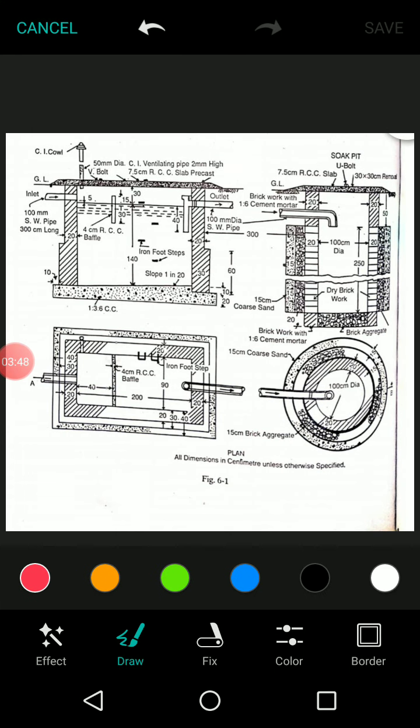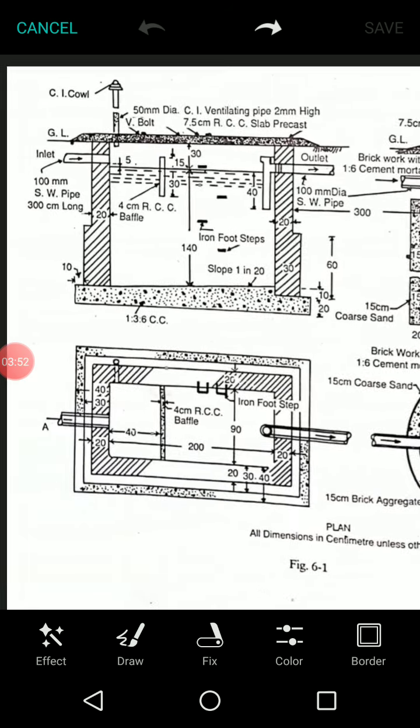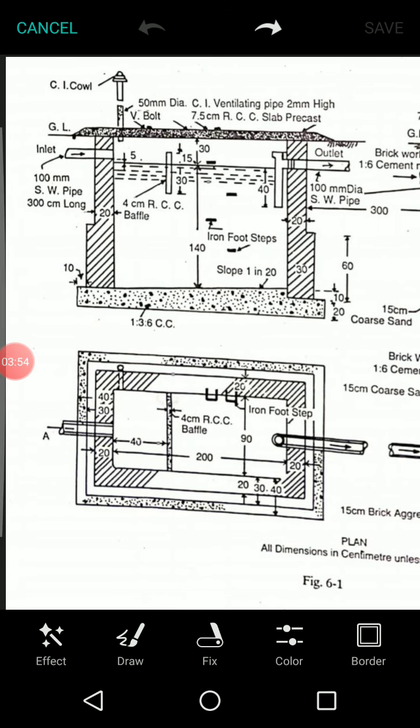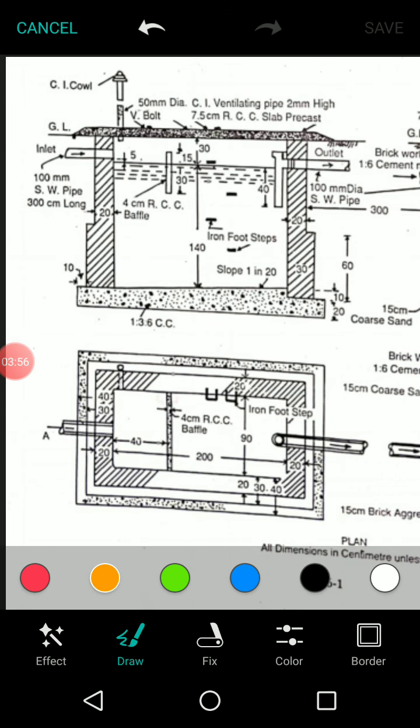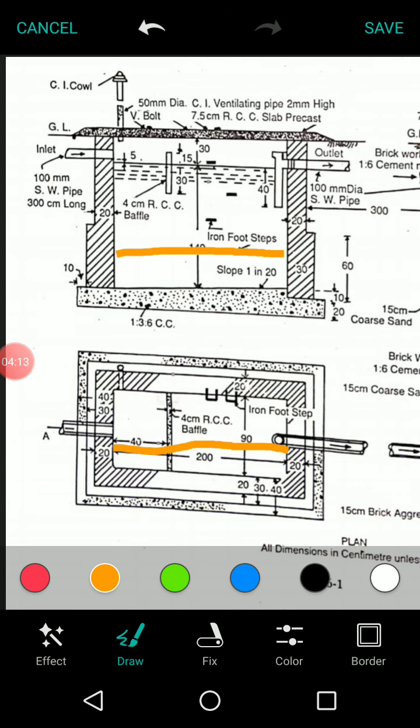Now observe the septic tank in the figure. What is the length there? 2.8 meters, correct? In the plan, the end-to-end dimension shows 2 meters, correct? In the sectional elevation also it is end-to-end 2 meters, correct?